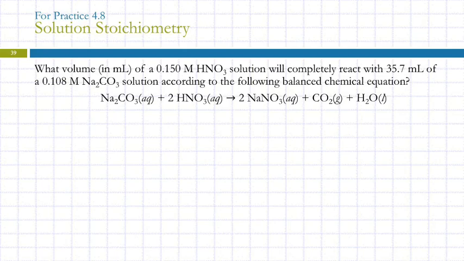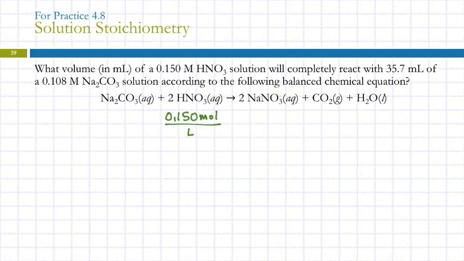I'm going to use the equation to organize the information I've been given. I've got a concentration, 0.150 molar HNO3. So I find HNO3, and I'm going to write 0.150. I'm not going to write the capital M. I'm going to write moles divided by liters.